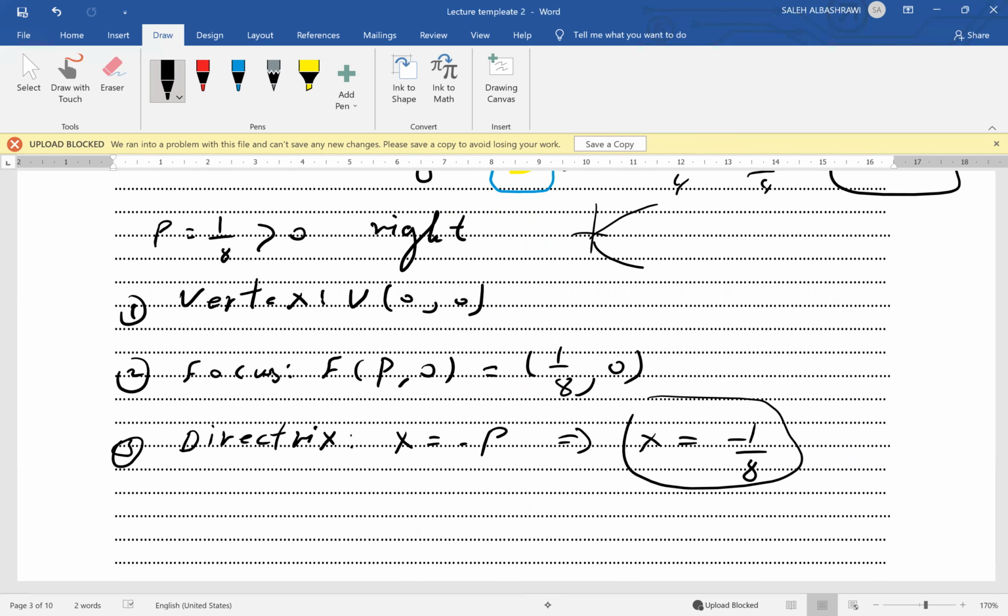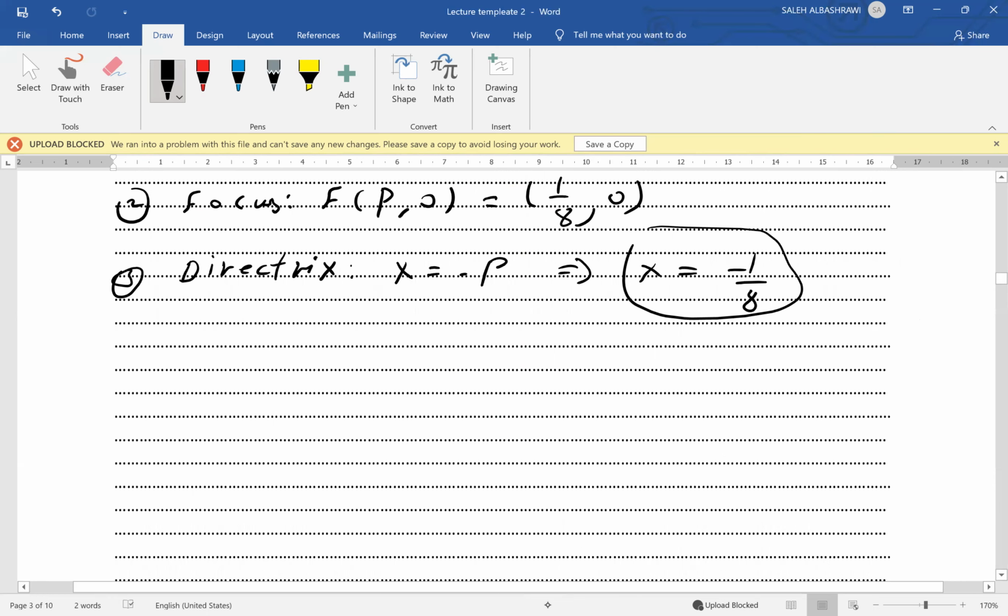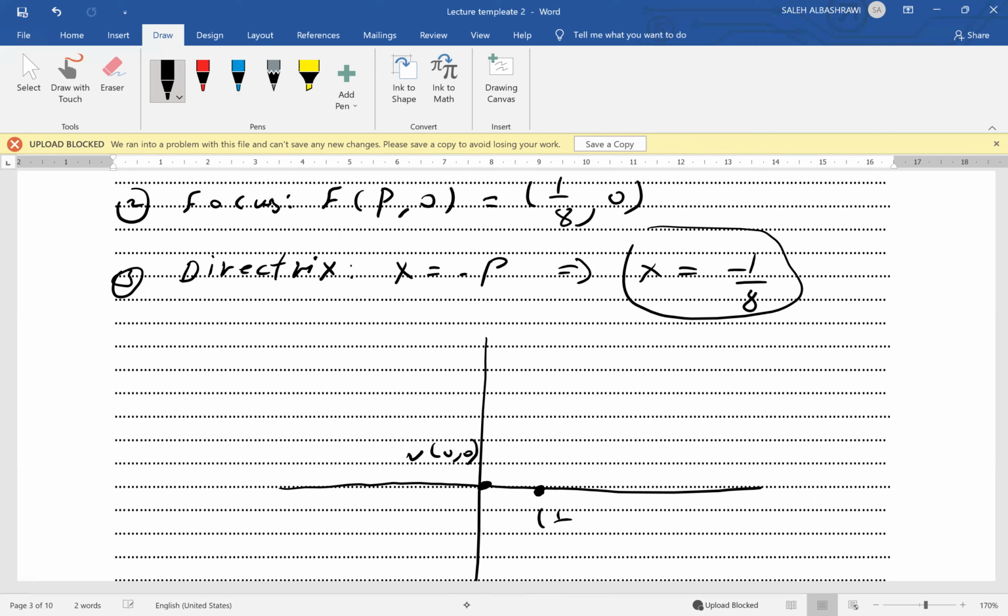So we can sketch the parabola now. The vertex is 0, 0. The focus point is p and 0, which is 1 over 8 and 0. This is the focus point, and the focus point must be inside the parabola.